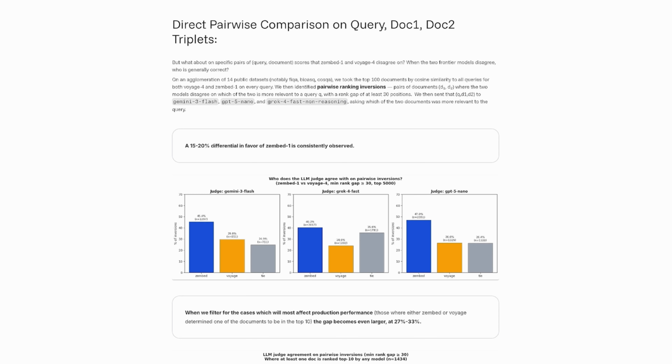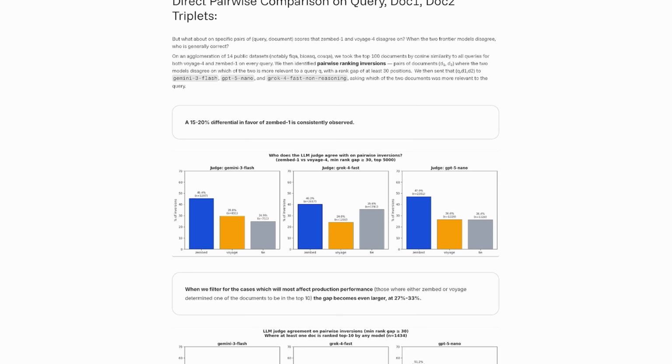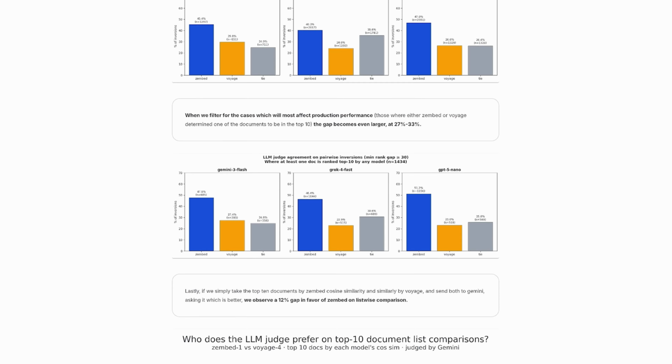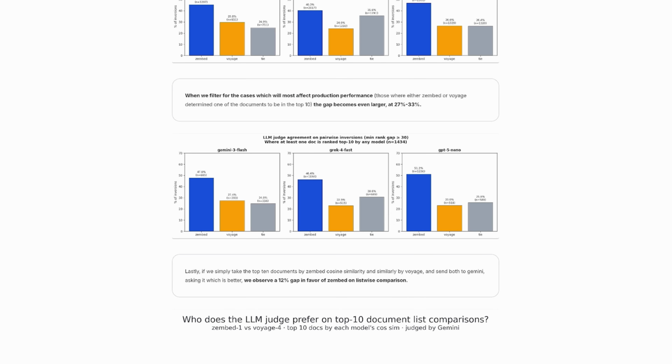We also ran another comparison where we wanted to do pairwise comparisons between a query and 2 documents. More specifically, this is the interesting graph, looking at when Zembed and Voyage 4 disagree on the ranking between the 2 documents, document 1 and document 2.